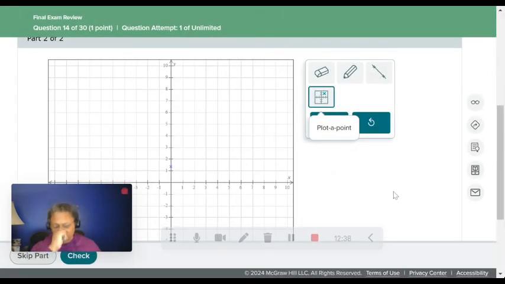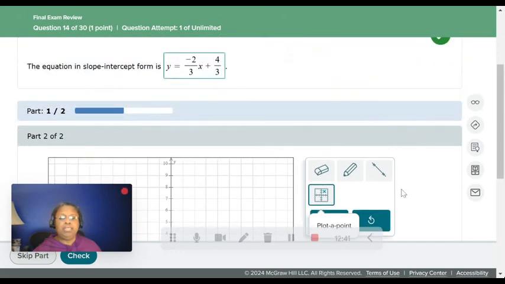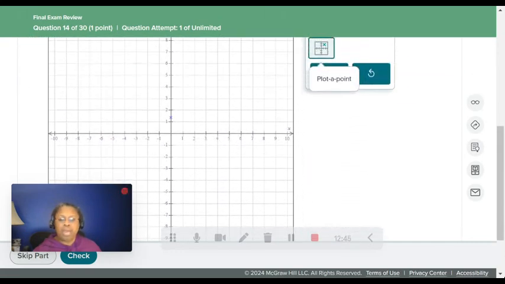So now our slope is -2/3. So that means we're going to go down 1, 2, and to the right 3. 1, 2, 3.